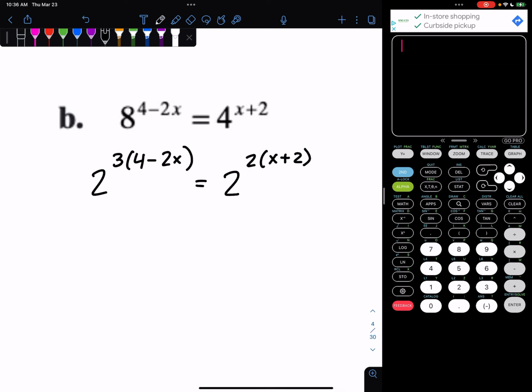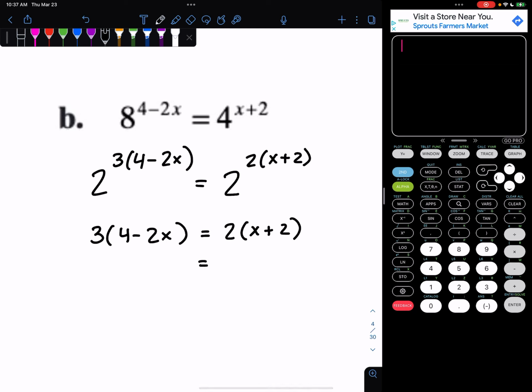Okay, now that I have common bases, my exponents can be set equal to each other. So I have 3 times 4 minus 2x is equal to 2 times x plus 2. So I can distribute here: 2x plus 4, 12 minus 6x.